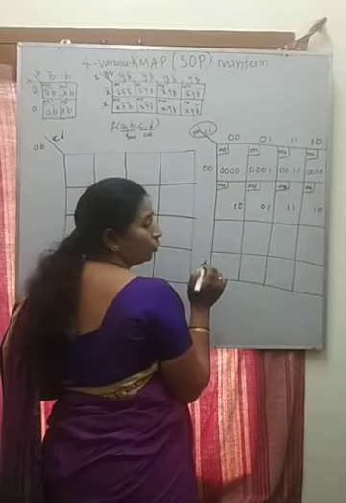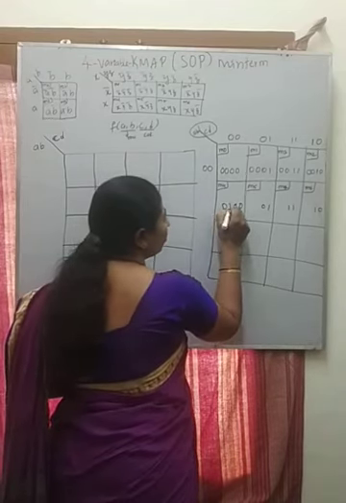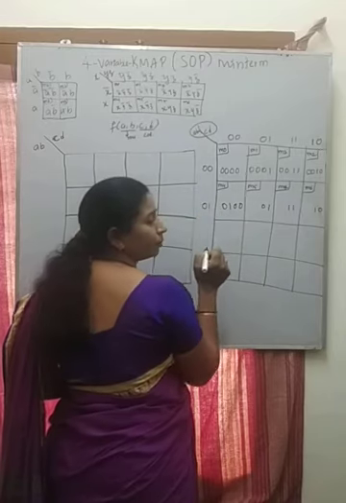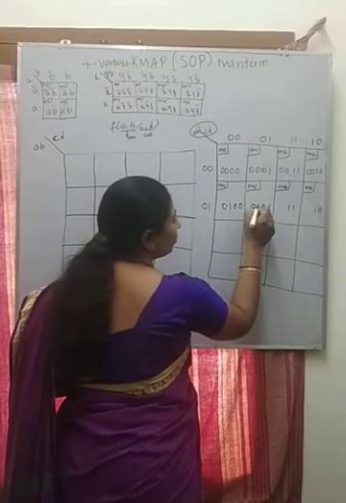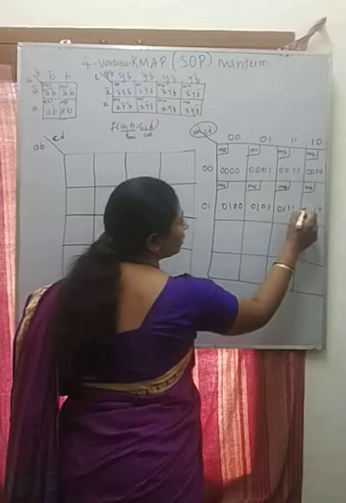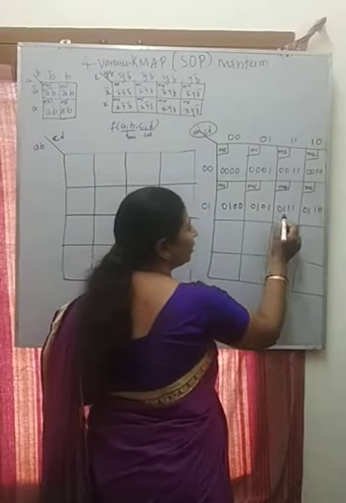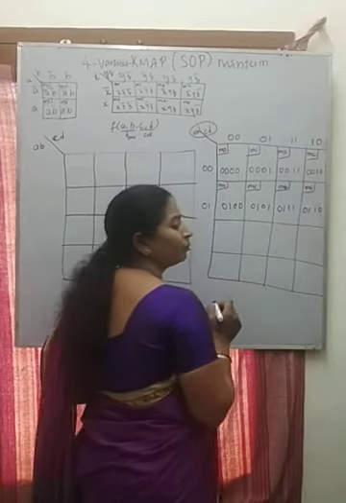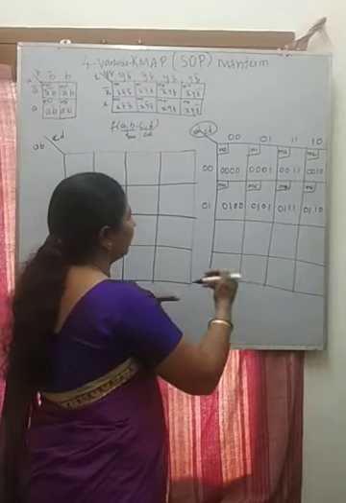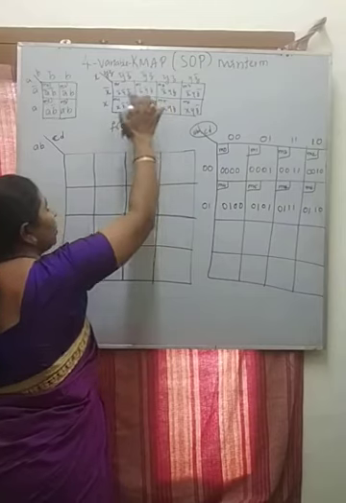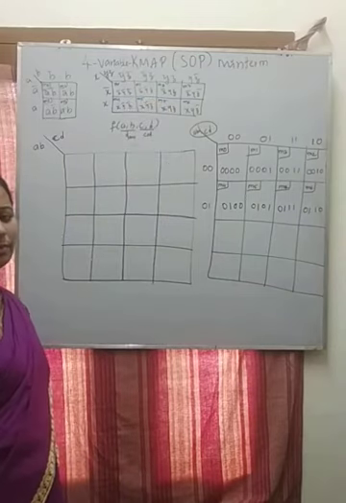How will you get 4? 0, 1. Then this is 0, 1. See, here you have 7, here 6, here 5. Then what about the remaining? This is the same as your three variable map.